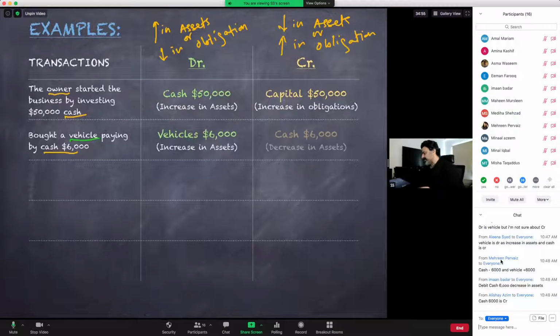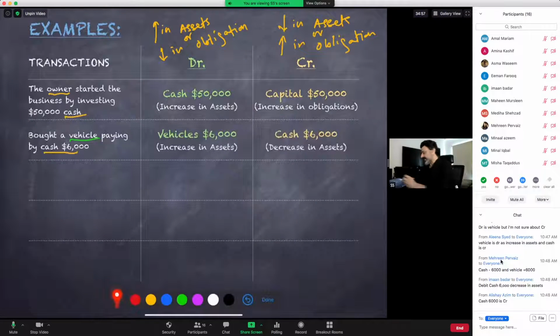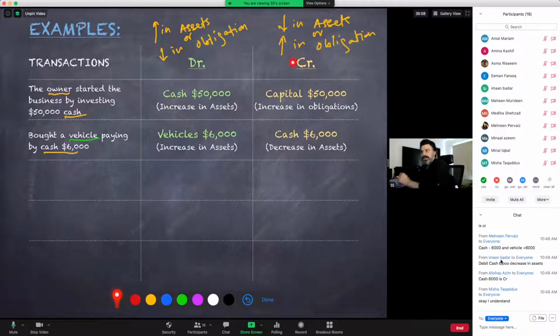So the cash $6,000 is decreasing, and a decrease in the asset is credit, which means either assets go down or your obligations go up. That is how we associate the credit effect with the parts of the transaction. So in this case, one asset is increasing and the other asset is decreasing. The increase in the asset is going to be debited and the decrease in the asset is going to be credited, right? Do we understand this, Misha? Okay, great. Misha understood.